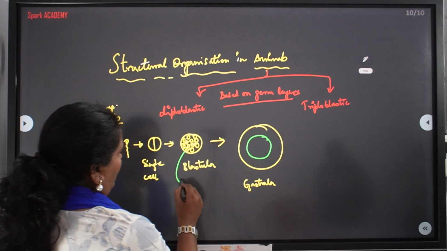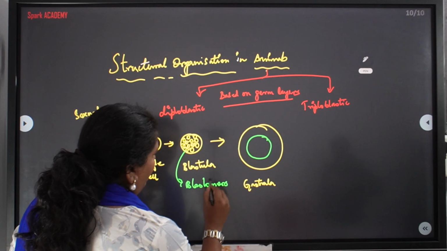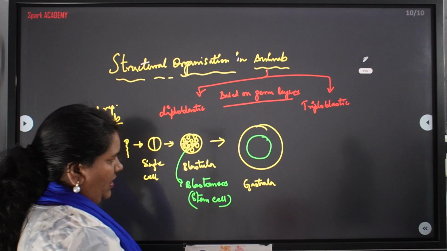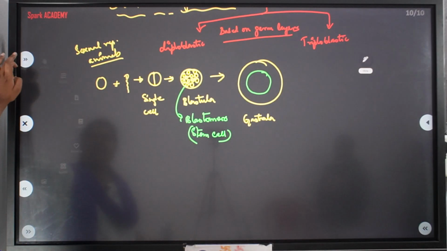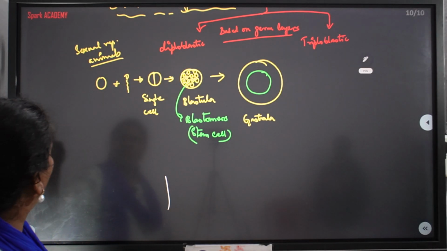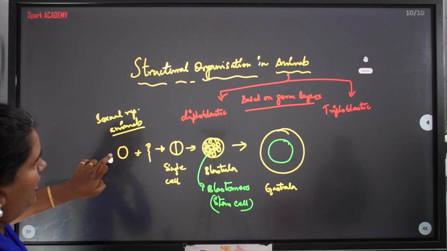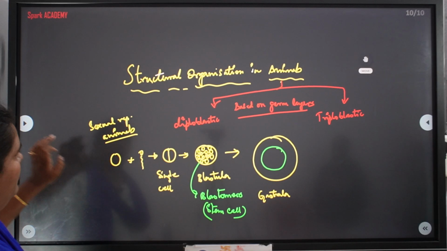What do we call these cells? Blastomeres. Remember, blastomeres are nothing but stem cells. These blastomeres have the capacity to give rise to an entire individual. That is the power of these blastomeres.